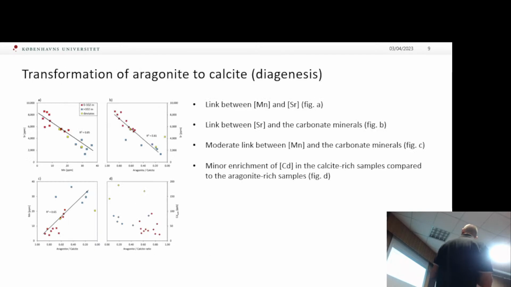And this enrichment we link to the incorporation of cadmium into the calcite, which is more preferable than in aragonite.